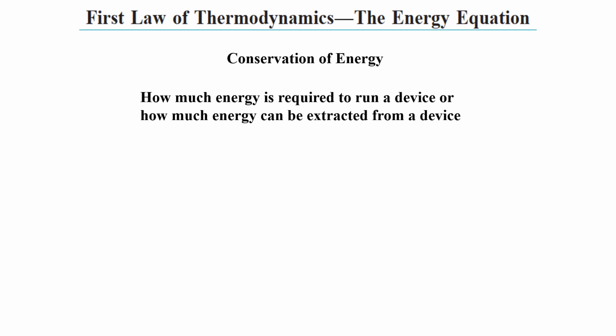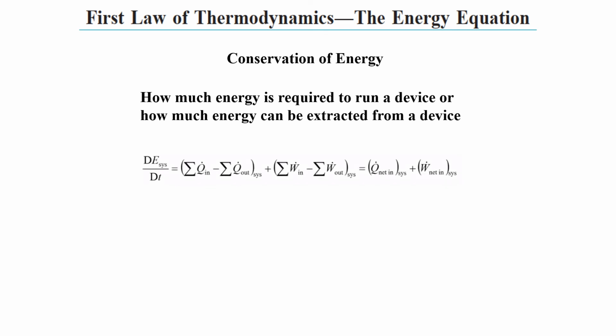If we are using a pump, how much energy can be given to a certain amount of system, or if you are using a turbine, how much energy can be extracted from our system. These are the basic two devices that we talked about.